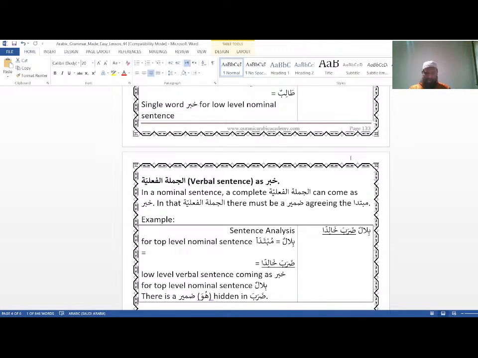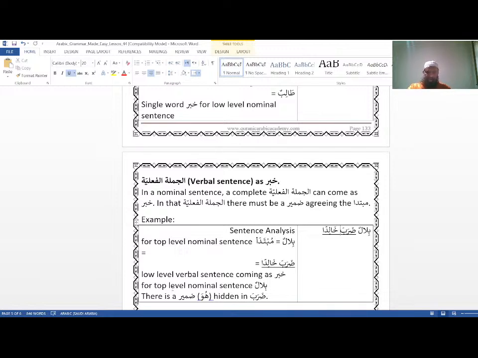So if we analyze, Bilalun is the mubtada. Daraba Khalidan. Tell me, do we have a damir in this jumla? Yes, we need to look for the fa'il. Khalidan is maf'ul, so there is no other ism mentioned to be the fa'il. The damir is huwa, yes.